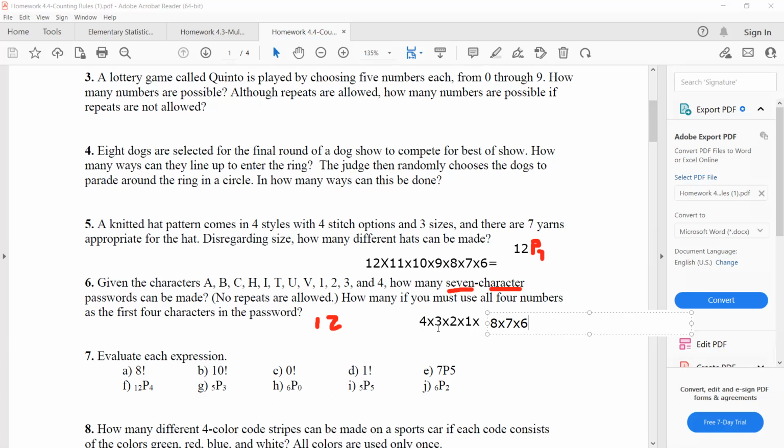So I have to use all 4 numbers as the first 4 characters, and then I have alphanumeric characters after that.